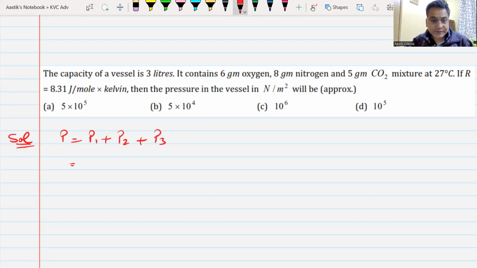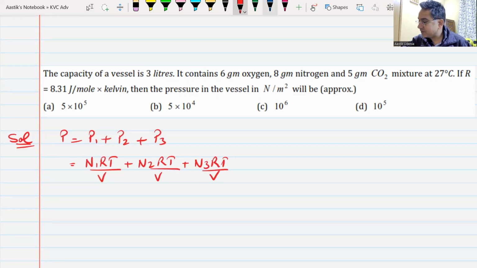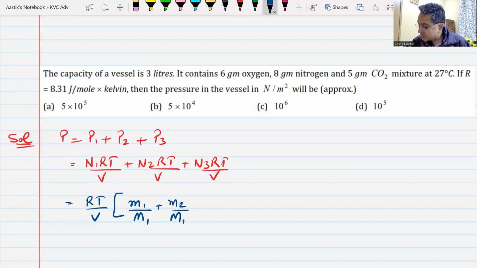So it becomes N1 RT by V plus N2 RT by V plus N3 RT by V. Basically you can take RT by V common, and find the number of moles: mass of the first divided by molecular mass of the first, plus mass of the second gas divided by molecular mass of the second gas, plus mass of the third gas divided by the molecular mass of the third gas.